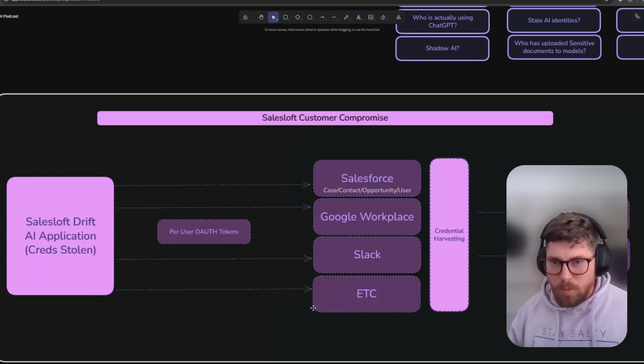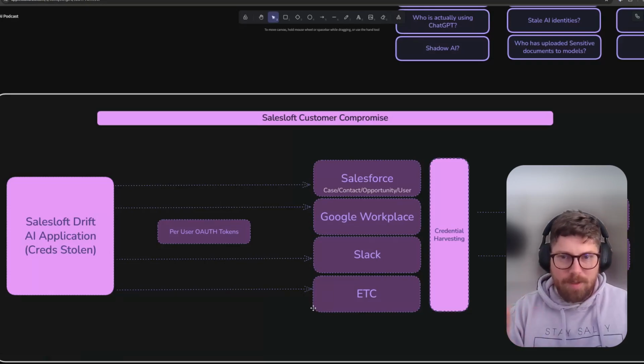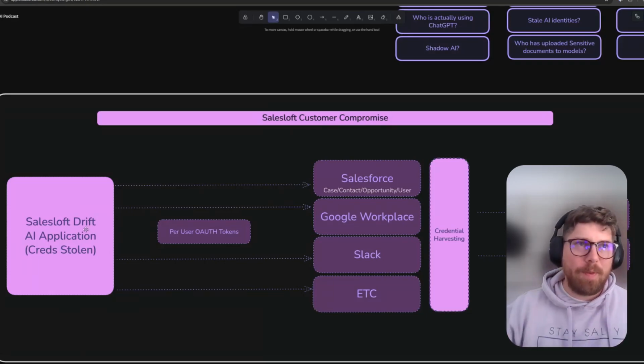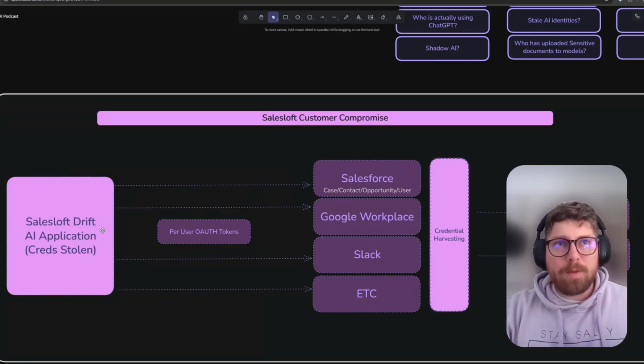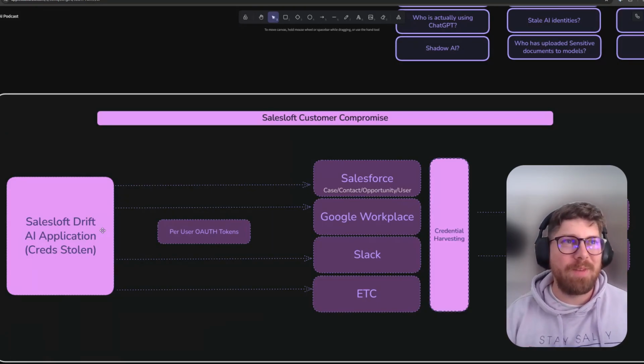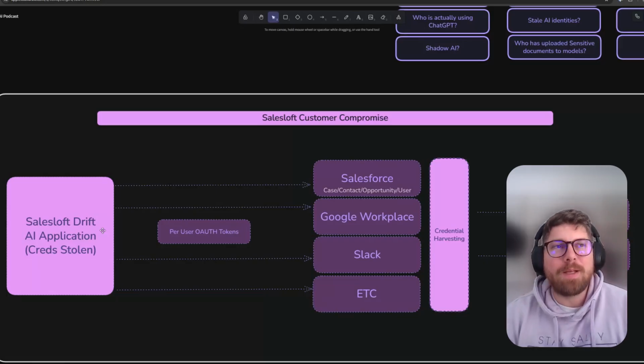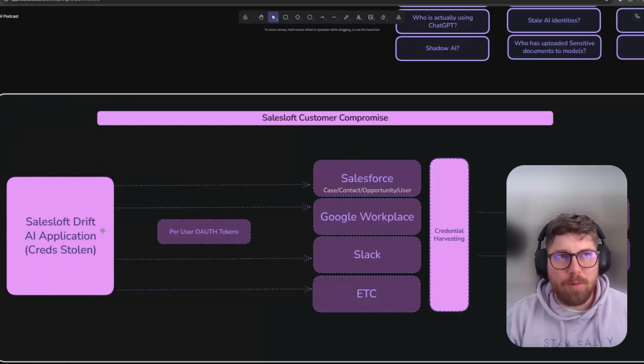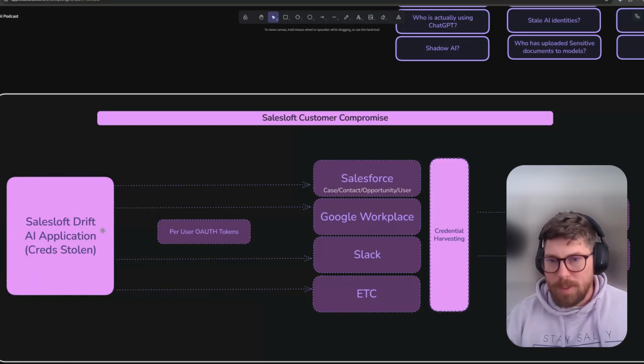And spoiler warning, AI security and identity security blend pretty well. So let's talk about this. A recap for folks who weren't paying attention a few weeks ago when the SalesLoft Drift thing occurred: essentially, a threat actor was able to compromise the infrastructure for SalesLoft, which was AWS infrastructure.